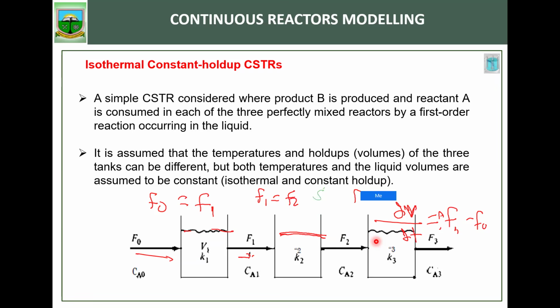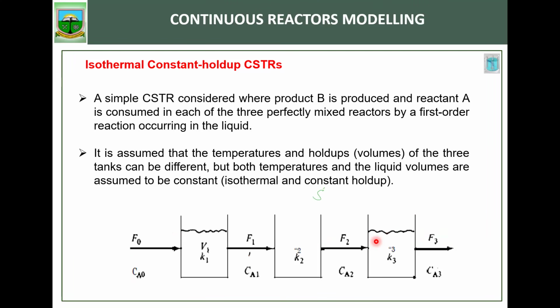For the third reactor, F2 is equal to F3. So it means that Fo is equal to F1 is equal to F2 is equal to F3. The truth is that if this is not true, you can't have constant volume throughout the tanks.